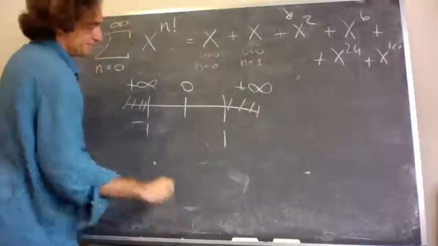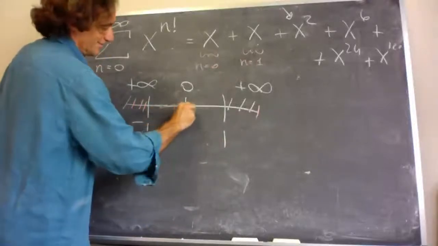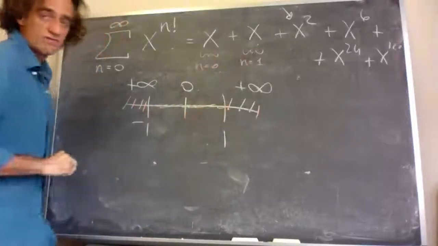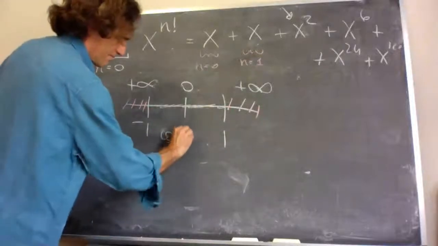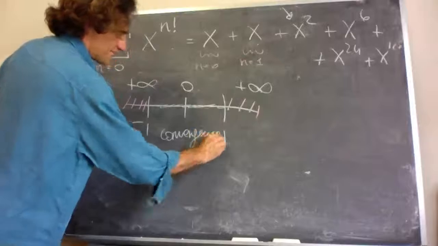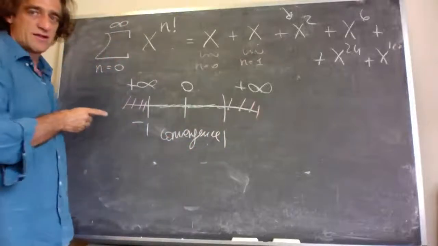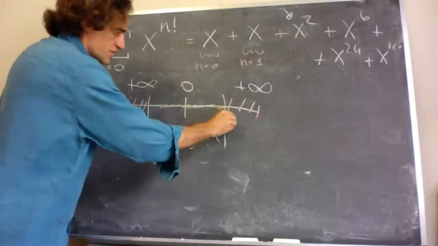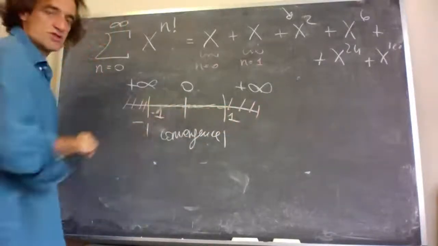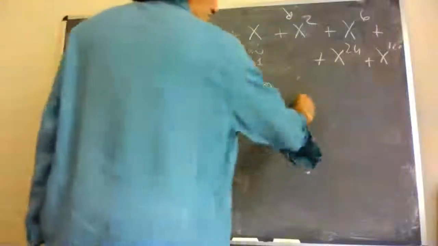Here inside we have convergence. Therefore, the conclusion is that the radius of convergence is equal to 1.